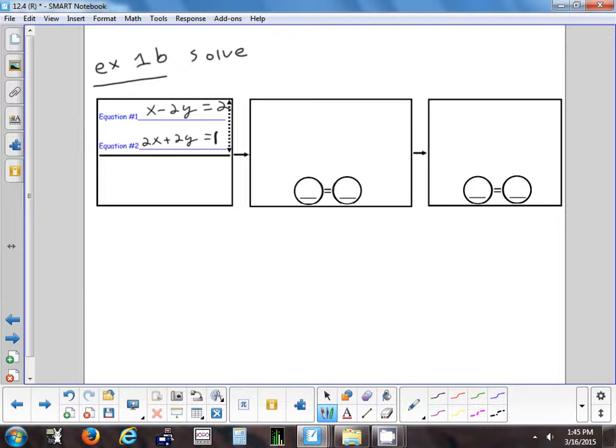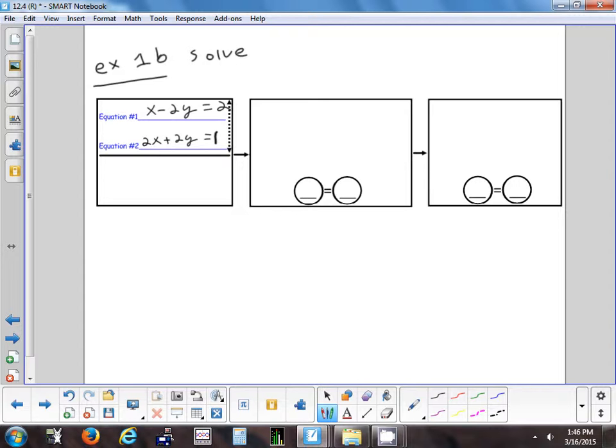You might have to rearrange some stuff to get it in the right order, but that's one type. We don't have to do any multiplication today in terms of getting them set up, but we might have to rearrange some stuff to get everything lined up.